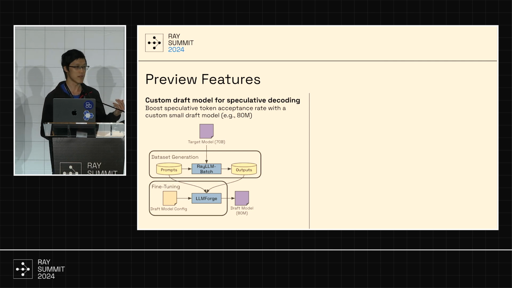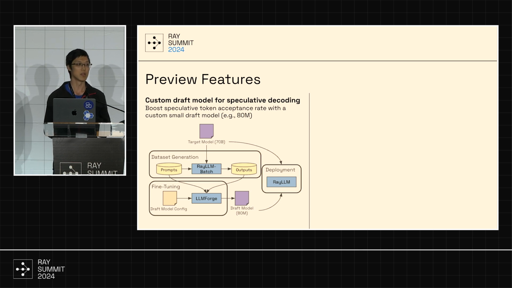And again, LLM Forge is available at the Anyscale booth in the RayGround, and we have a live demo there showing all the details of LLM Forge. After you get the fine-tuned draft model, your customized draft model can be deployed along with the target model using RayLLM. So this becomes a fantastic end-to-end solution provided by Anyscale.